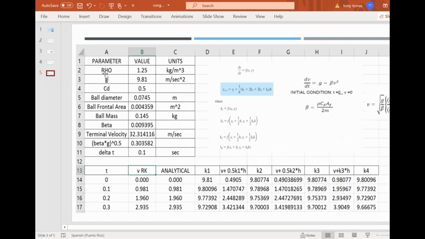Basically, you have to define all your variables, like for example, what is going to be beta. So you have to define what rho is with the proper unit. That's the density of the air. g, the acceleration, 9.81 meters per second squared. The coefficient of drag, I put this as a constant of 0.5. It depends on the Reynolds number.